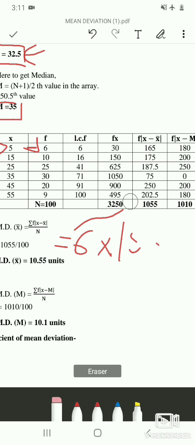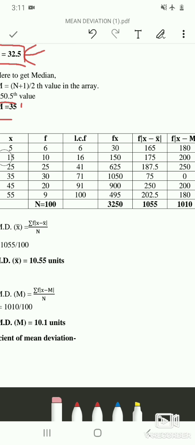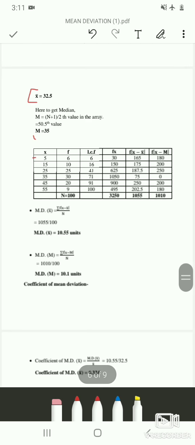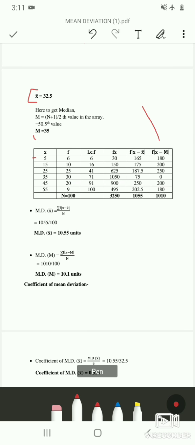So this is your first value. Similarly, calculate for all the remaining x values and add the obtained values to get the value of summation f of absolute value of x minus x bar. Similarly calculate it for the median, that is f into absolute value of x minus capital M. Here x is 5, capital M is 35.